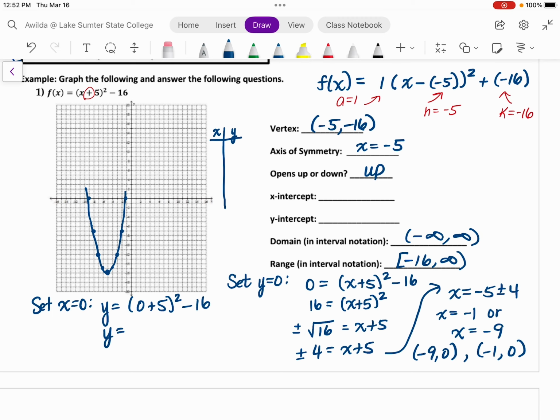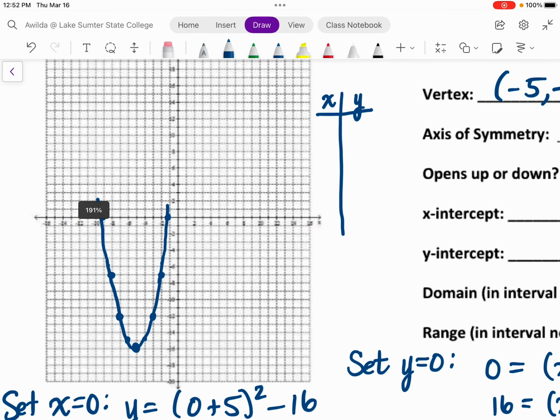Y will equal 25 minus 16, or y will equal 9. That means that the ordered pair 0, 9 is also on the graph. Let's go ahead and add that to our graph. And then using symmetry, we can say that this point will be there as well.